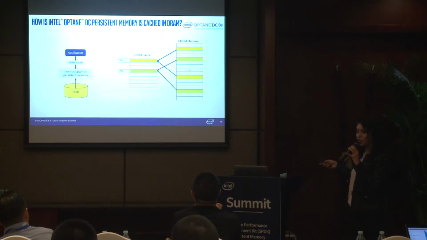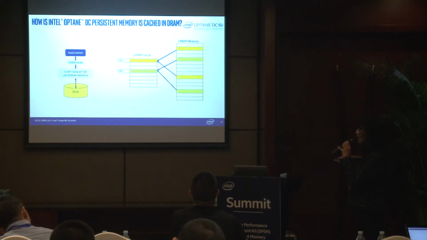This is something you need to keep in mind when you're optimizing your application for Intel Optane DC persistent memory in this memory mode configuration. Suppose you have, say, a 1:8 ratio, so you have 32 GB of DRAM and 256 GB of Intel Optane DC persistent memory. What that means is that 8 lines of persistent memory can map to the same line in the DRAM cache.